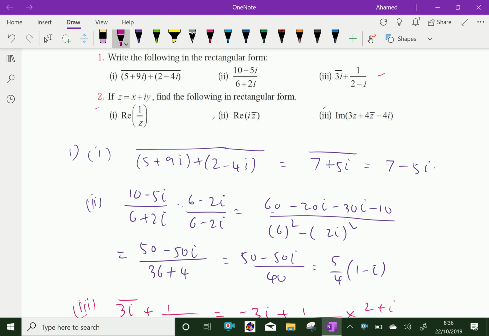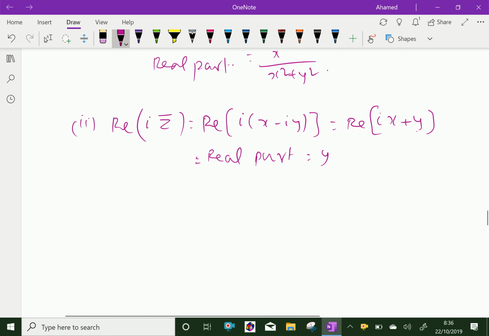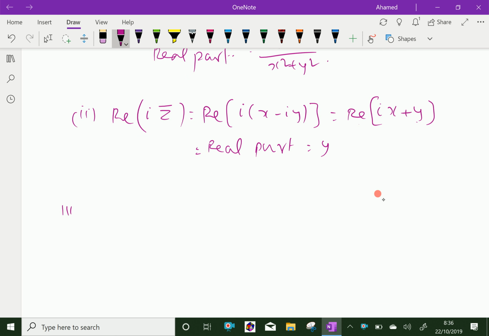Now third question. Imaginary part of 3z plus 4 z bar minus 4i.